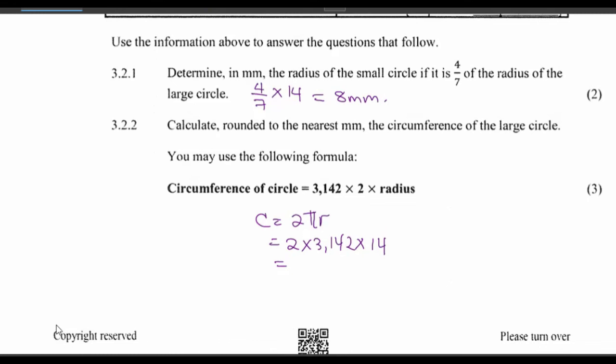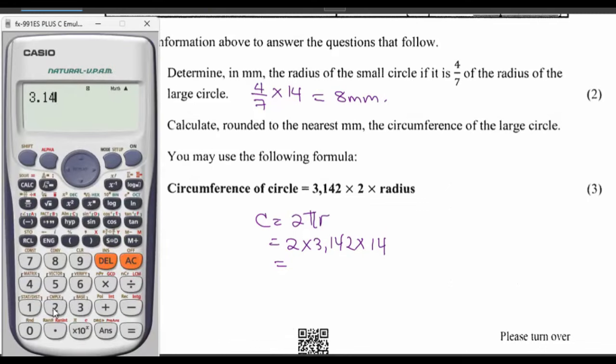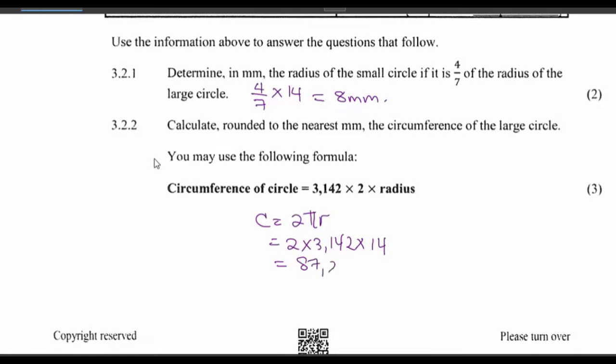So it's 3.142 times 28. The answer here became 87.98. But they said to the nearest millimeter, making it 88 millimeters.